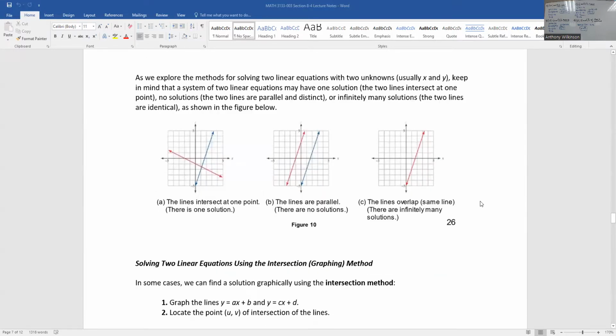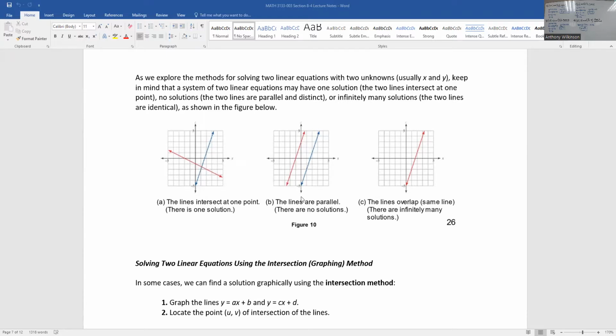All right, so on the next page, you can see here that when we solve a system of two linear equations, we may have three possibilities. One of them could be one solution where, in this case, the two lines intersect at a point. Or the two lines are parallel, meaning that there's no solution. If it intersects at a point, there is one solution.